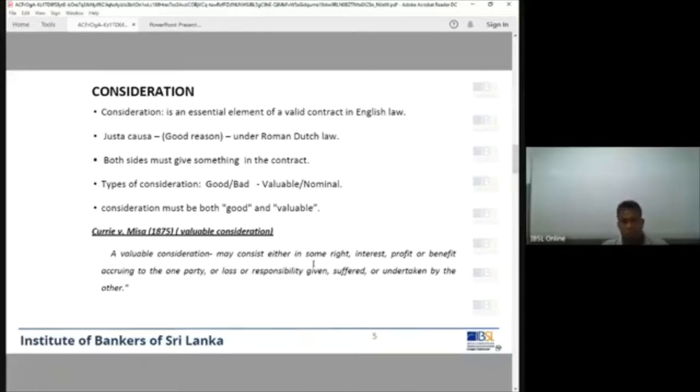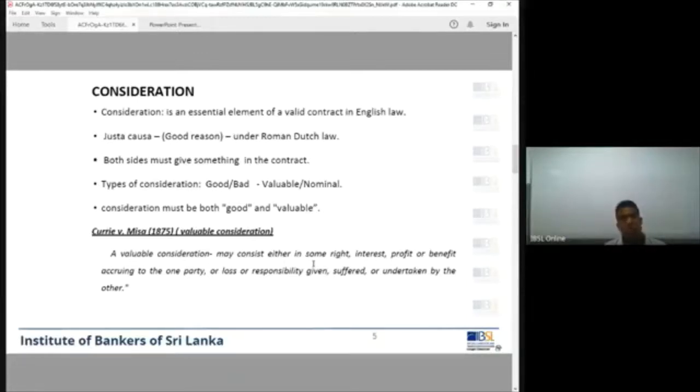All the parties who participate in the contract should put a value into the contract. So that is the idea. Types of consideration can be classified as good consideration, bad consideration, valuable consideration, or nominal consideration.